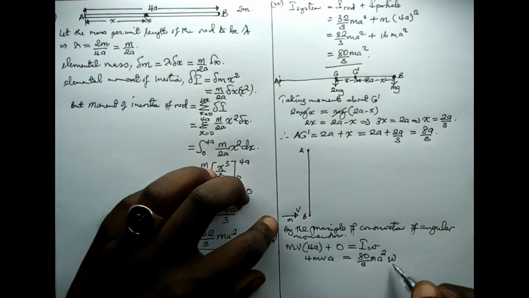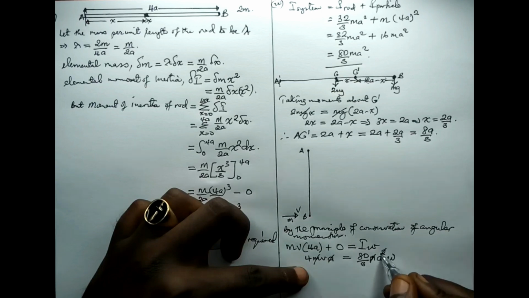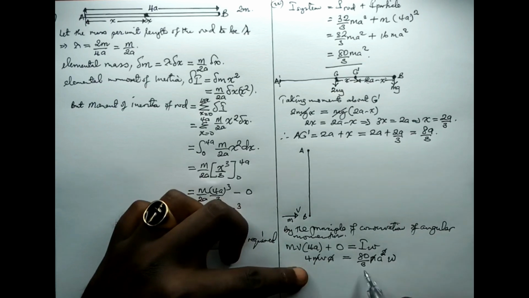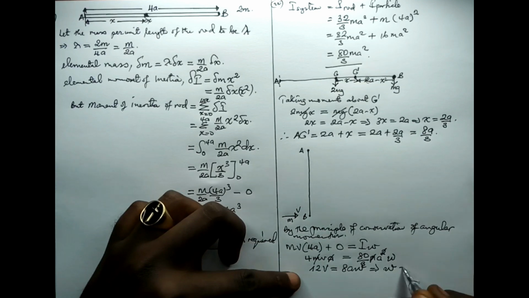We are asked to find omega in terms of v and a, so the m's will cancel, then a would cancel the square of a there. When you cross multiply, you should have 12v equals 80a omega, so that omega should be equal to 12v all over 80a.